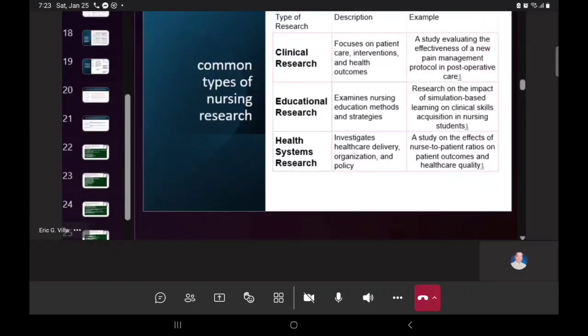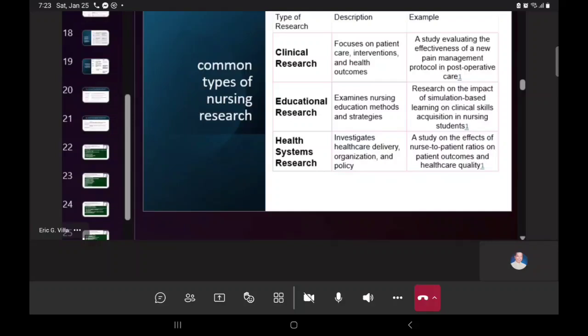What about common types of nursing research? Nursing research encompasses various types of scientific inquiry, each addressing different aspects of the nursing profession and healthcare delivery. The three main types of nursing research are clinical research, educational research, and health system research.